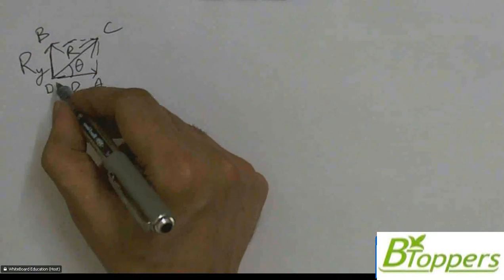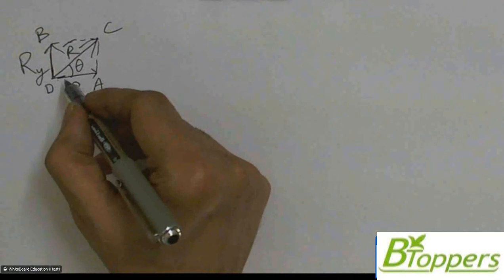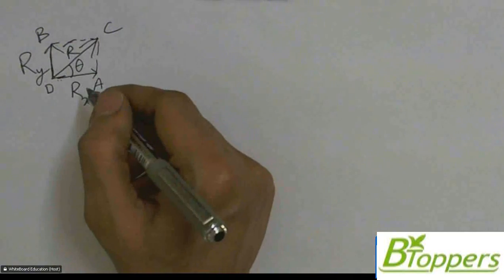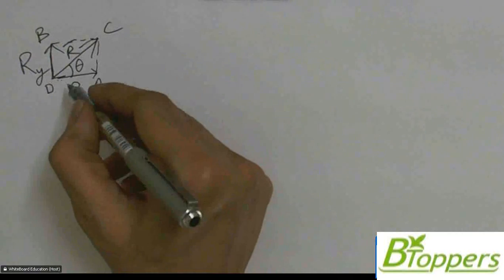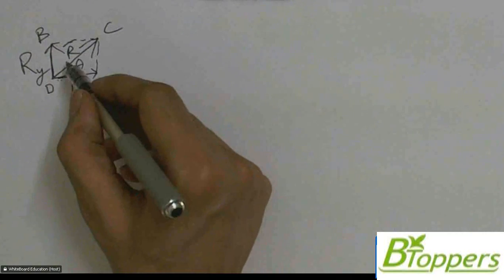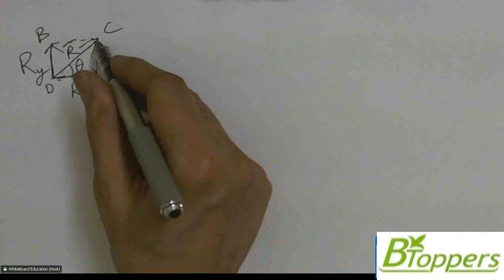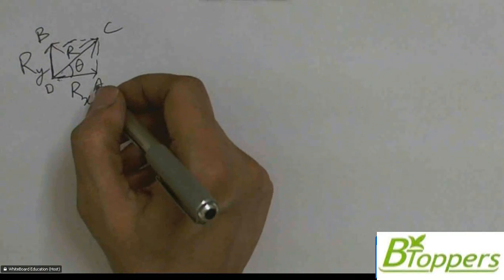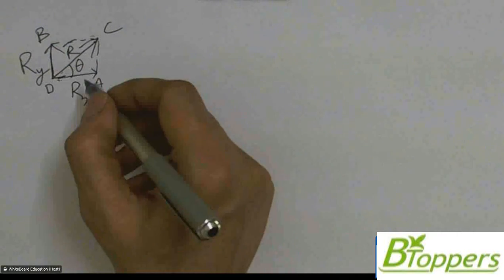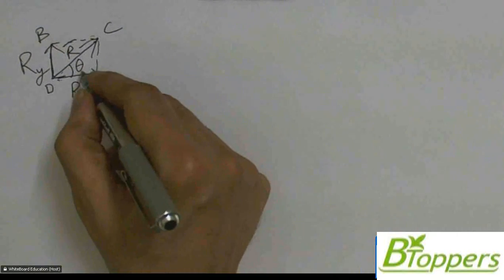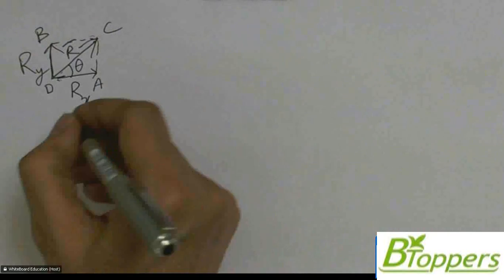That means OACB is the rectangle. OA is the x component and OB is the y component of vector r bar. The vector r bar is represented by the directed line segment OC bar. So here OACB is the rectangle and OAC is the right angle triangle.